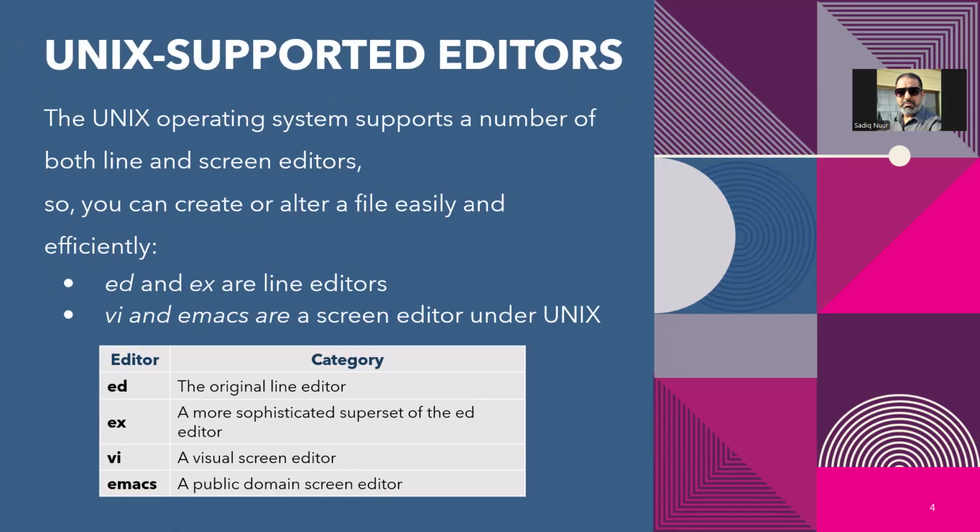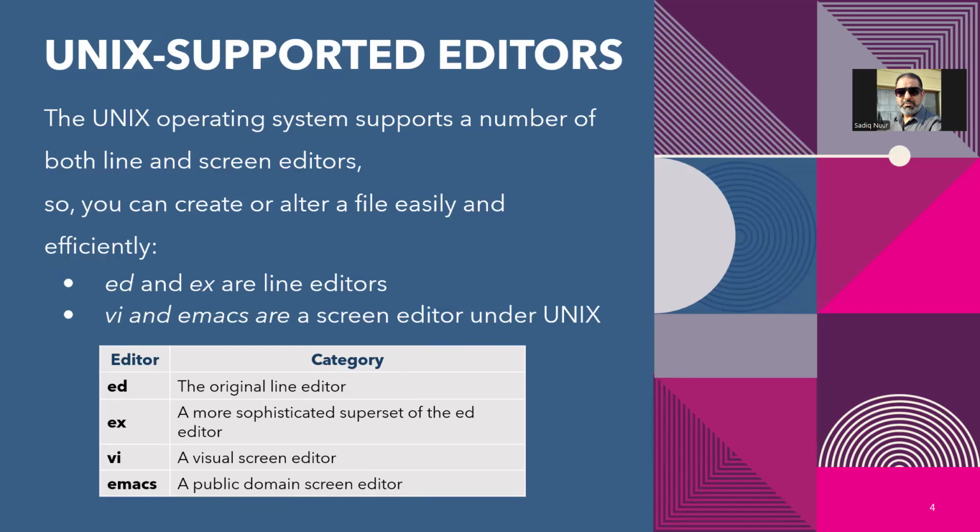So, Unix supported editors. The Unix operating system supports 4 kinds of editors. It supports a number of both line and screen editors, so you can create or alter a file easily and efficiently. We have ED and EX, which are line editors, whereas VI and Emacs are screen editors under Unix.